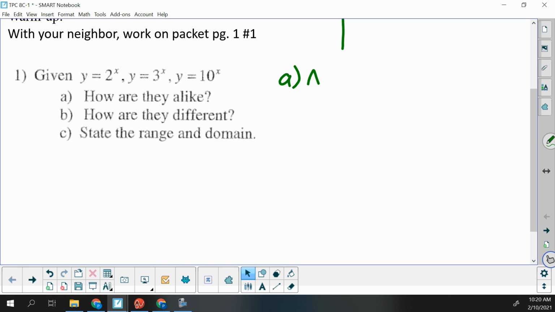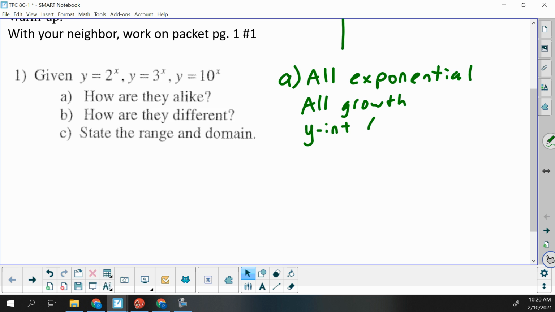So back on page 1 for part A, how are they alike? They are all exponential. All growth. And they all have the y-intercept of 0, 1. And how are they different?